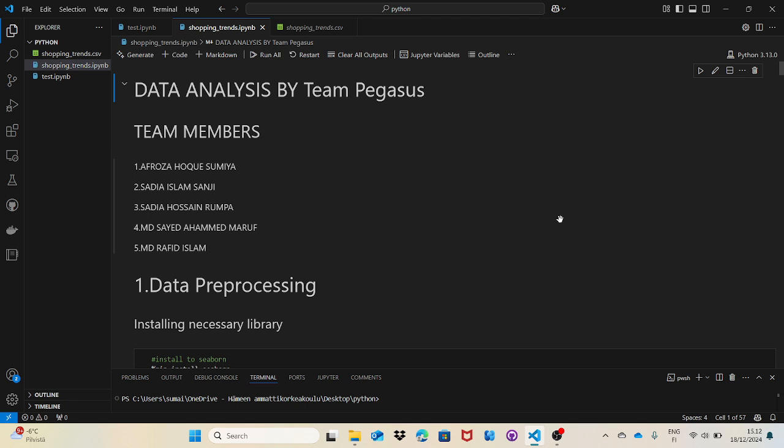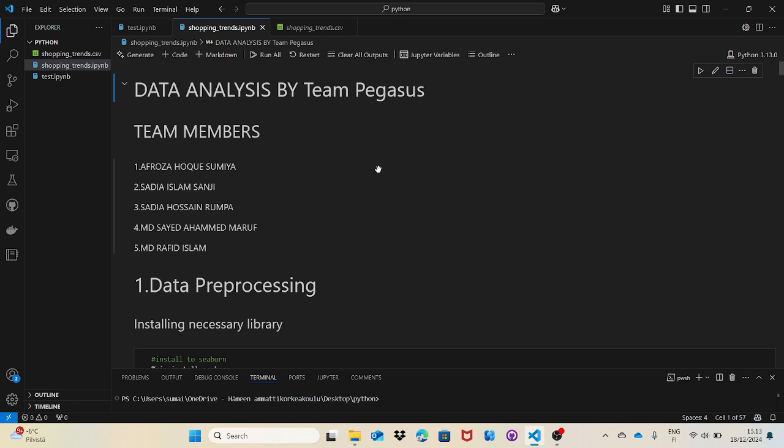Each section of the assignment was carefully handled by different team members. We began by loading the dataset and exploring its structure, followed by cleaning and organizing the data to ensure it was ready for meaningful analysis. We then calculated key statistics to understand the data's pattern and relationship.